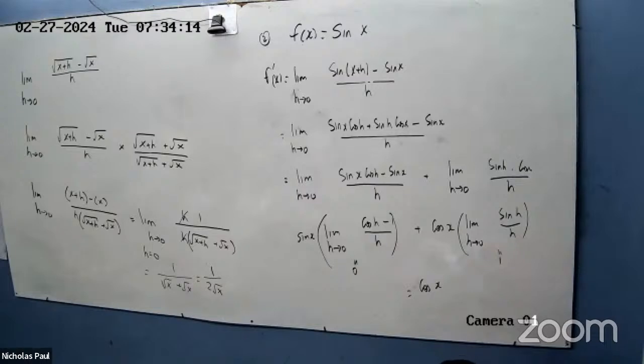First principle, cos 2x. F of x is equal to cos 2x. That's the last one in this.